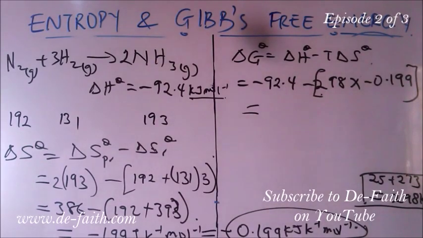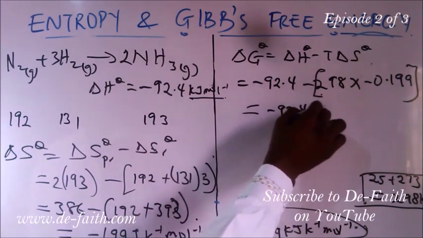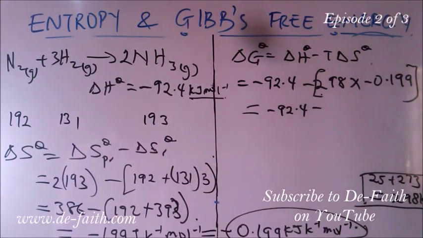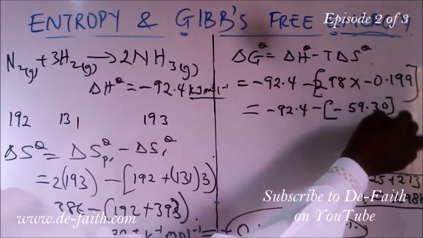Now when we multiply that out, we have minus 92.4 minus 298 multiplied by minus 0.199, and that will give us minus 59.3. So we have minus 59.30 here.